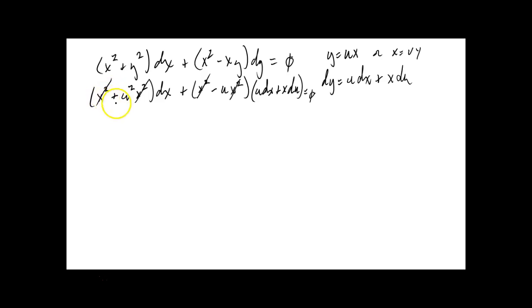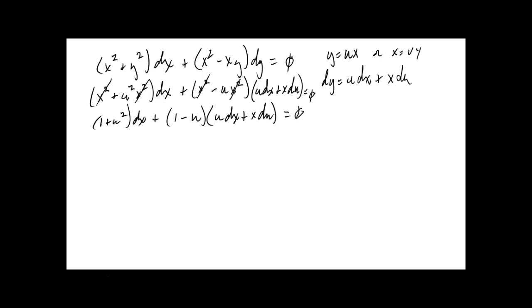So let's see what we have now. We have 1 plus u squared dx plus 1 minus u times u dx plus x du equals 0. Okay?